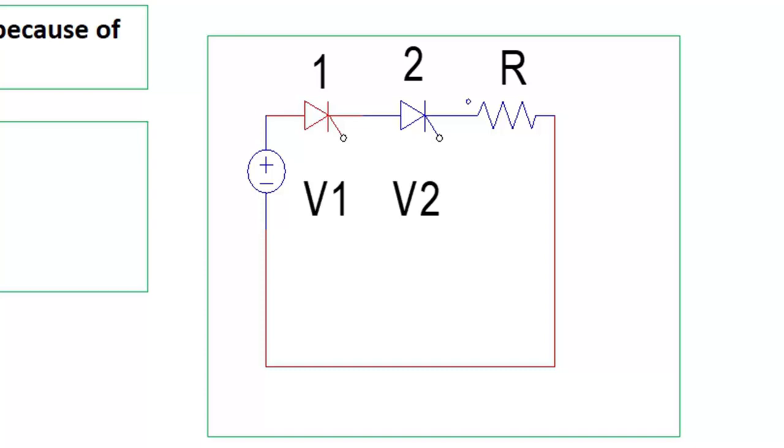Because of that, the internal resistance offered by the thyristors is different. So this is one of the major issues in connecting SCRs in series.